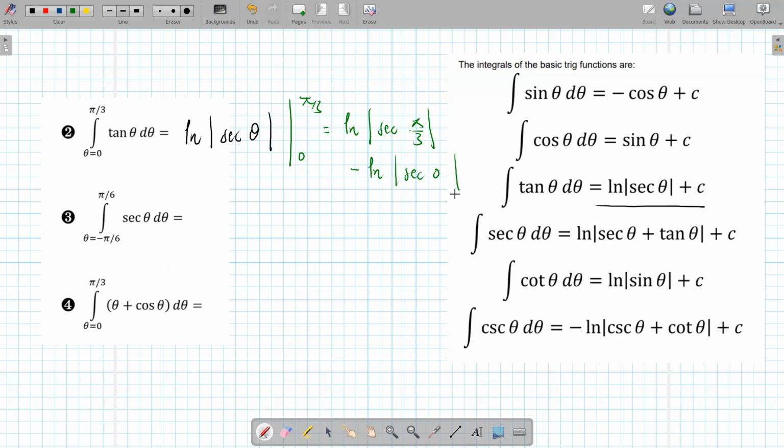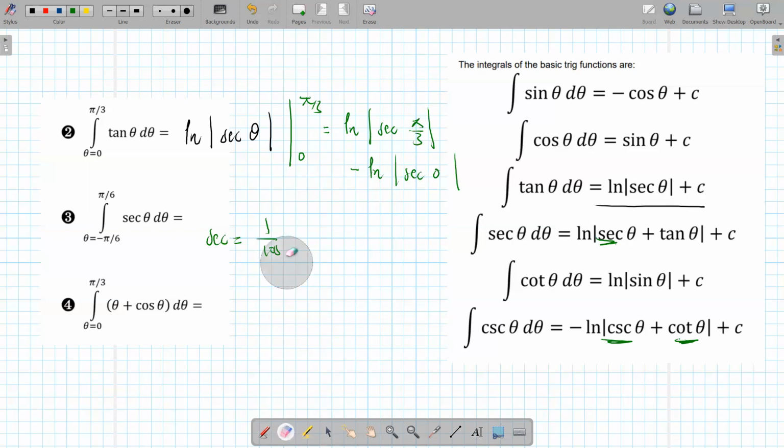Do you have a calculator on you right now? Yes. Okay. Remember this: secant is cosine flipped upside down. There is no button for secant, cosecant, or cotangent, these secondary ratios, on a calculator.